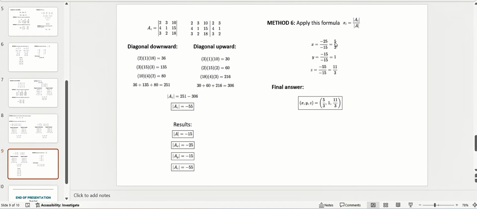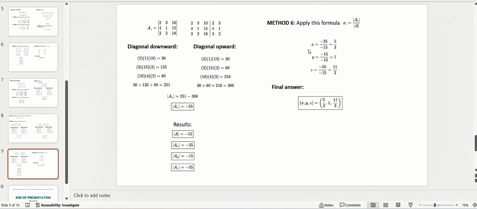I-divide na to siya. This will be the result, 5 over 3. And then, same ang process sa y, negative 15 divided by negative 15 is equal to 1. And same process sa z, negative 55 over negative 15 is equal to 11 over 3.